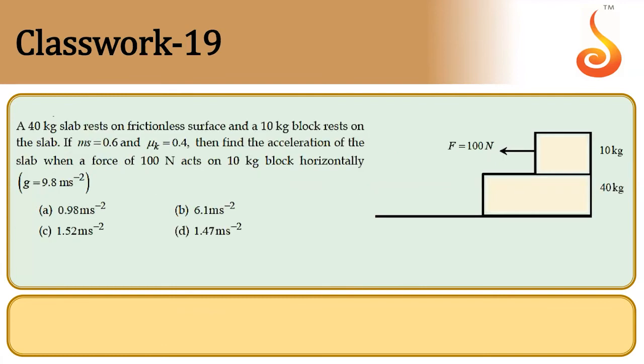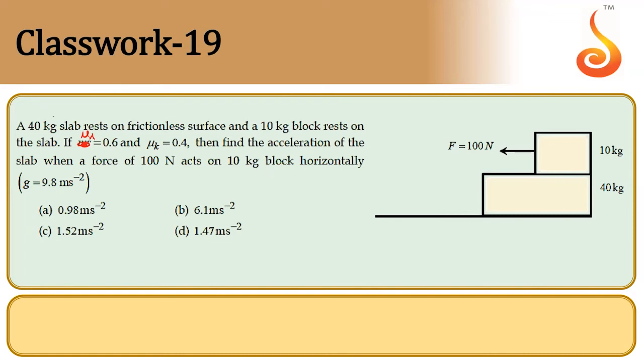A 40 kg slab rests on frictionless surface and a 10 kg block rests on the slab. If mu s is 0.6 and mu k is 0.4, between the box and the slab, block and the slab it is. So it is mu s. Mu s is coefficient of static friction is 0.6, mu k is 0.4.